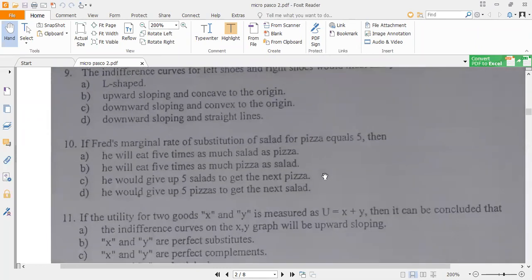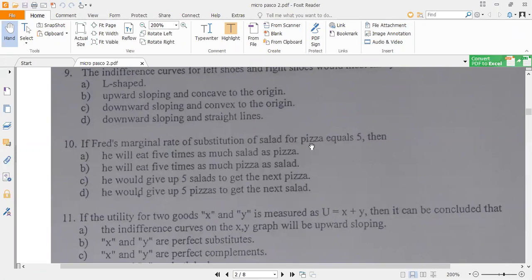All right, number 10. If Fred's marginal rate of substitution of salad for pizza equals 5, then... The marginal rate of substitution is the marginal utility of X over the marginal utility of Y, and it measures the units of Y that the individual is willing to sacrifice just for an extra unit of X. We've been given the marginal rate of substitution of salad for pizza.